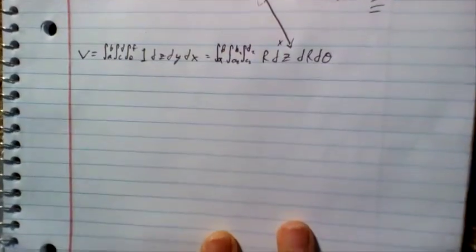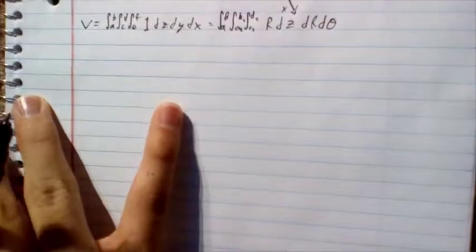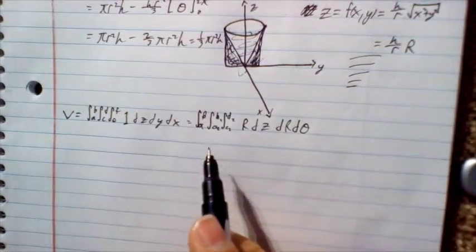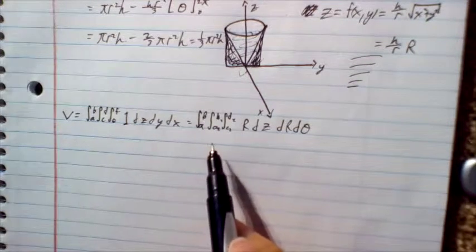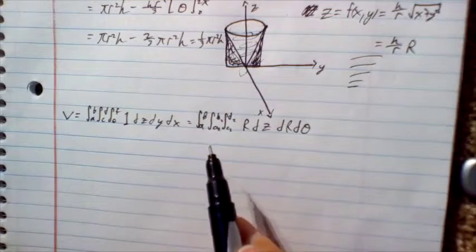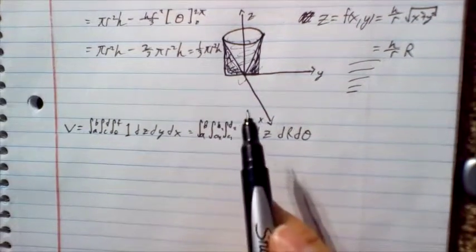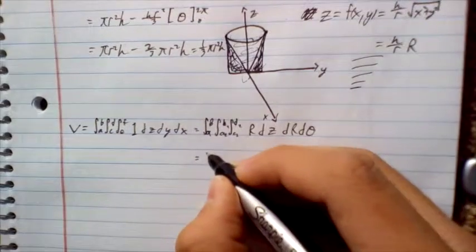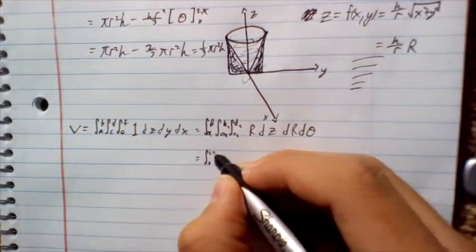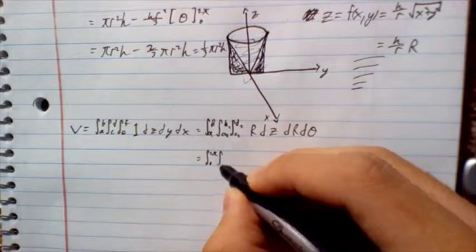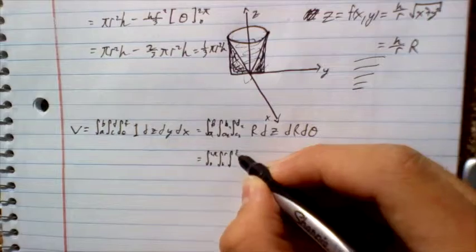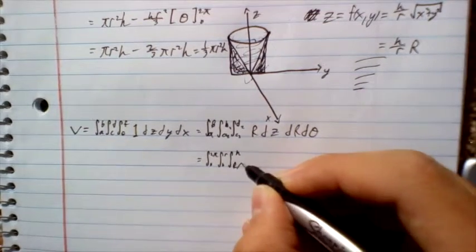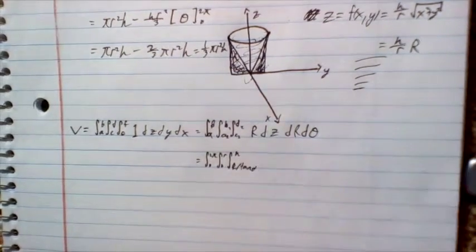Okay. Now, if we refer back to our cone for a minute, all we need to do to find the volume of our cone is just to find what the limits of our integration are. So, if we think of it, the volume of a cone is really going to just be the integral from 0 to 2 pi of the integral from 0 to r of the integral from cap R on tan alpha to h.